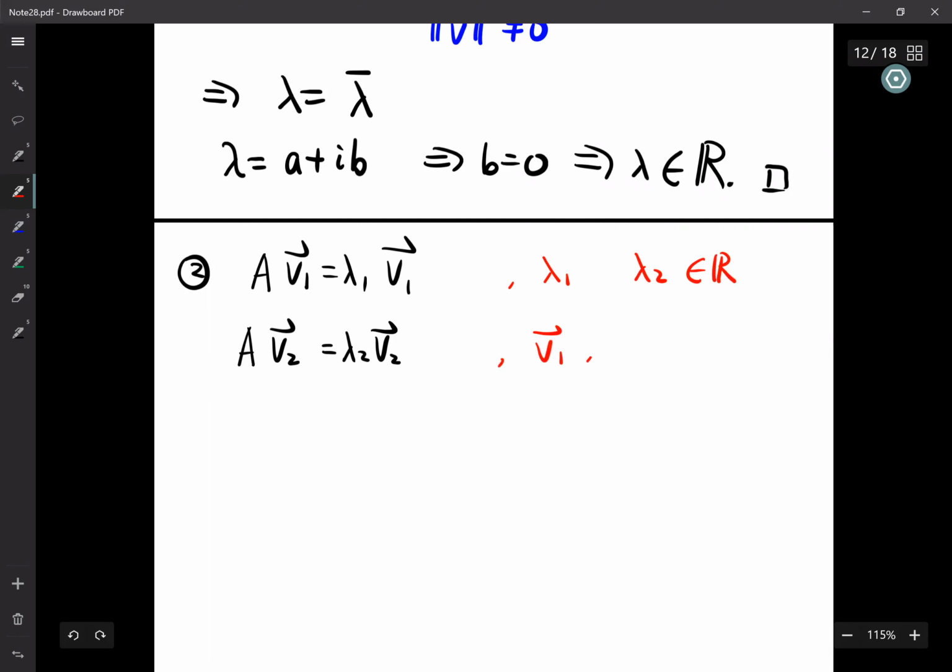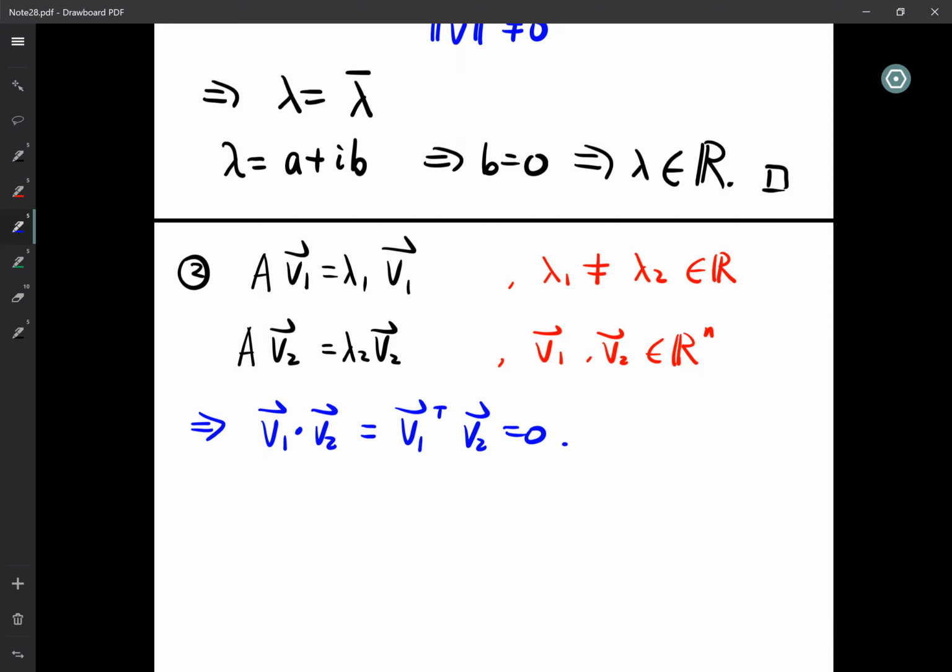Correspondingly, V1 and V2 are real. And I assume lambda 1 is not equal to lambda 2. Then the claim is that V1 dot V2, because now they're real, I can write it as V1 transpose V2, must be zero. They must be orthogonal to each other.